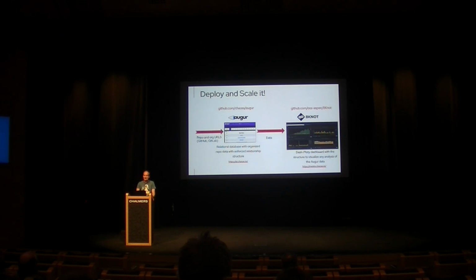And one of the cool UI projects that supports CHAOSS metrics and is connected to Augur is Eggnog, which is a dashboard-based interface with a structure to visualize and analyze data about open source repos.